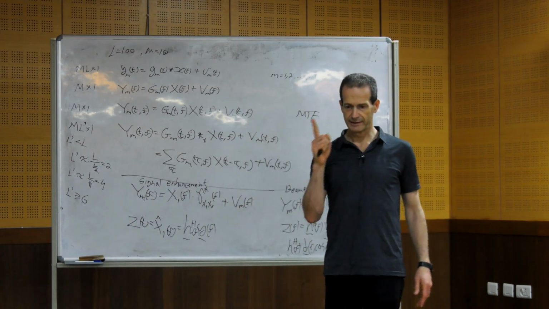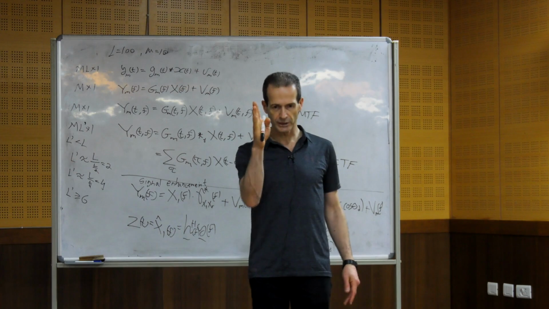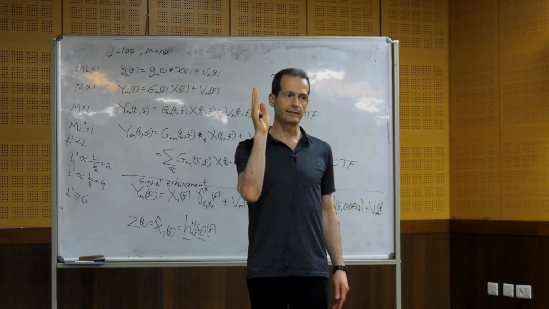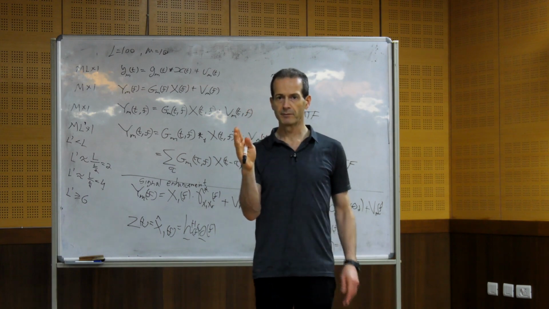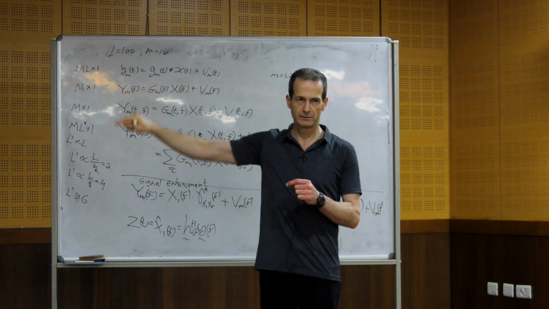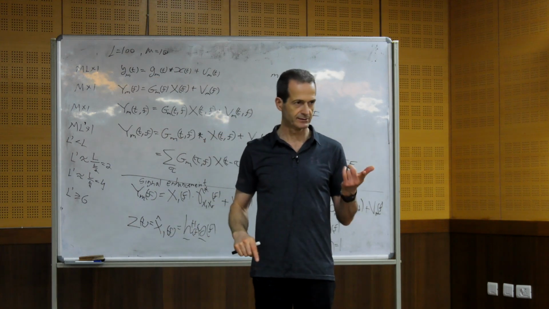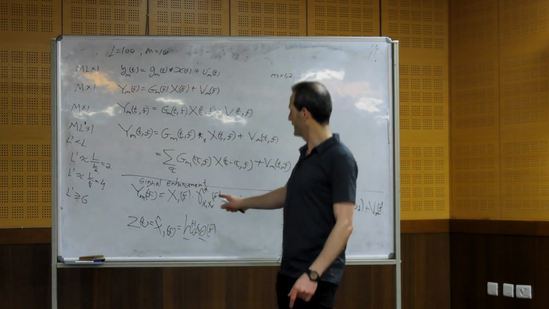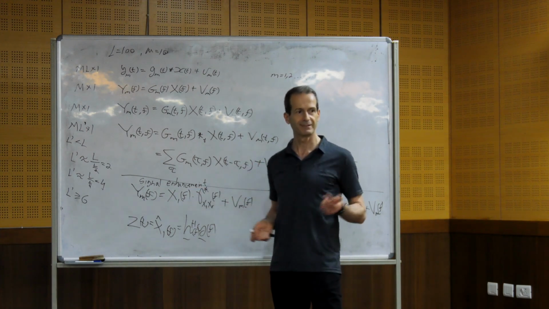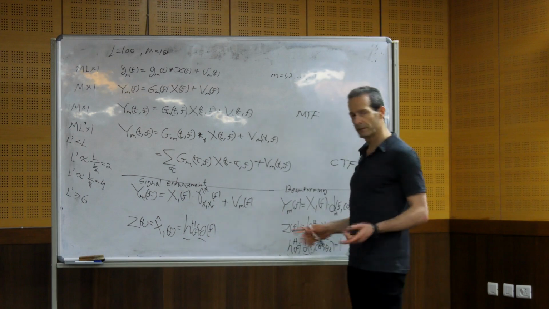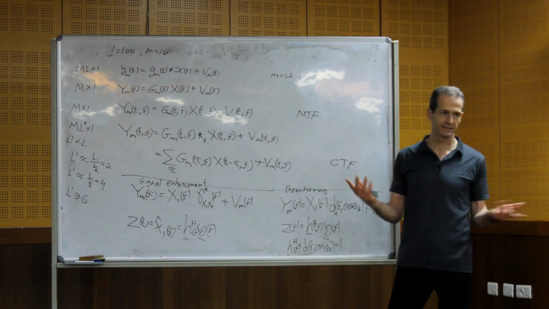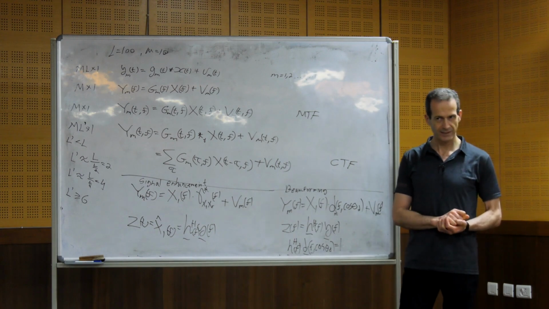So if the direction towards the desired source and the interference is the same, but they are in different positions, the pattern of reflections is different. And here we can distinguish between both of them, and we can separate them. Here with a beamformer, we cannot, because we don't take any reflections into account.